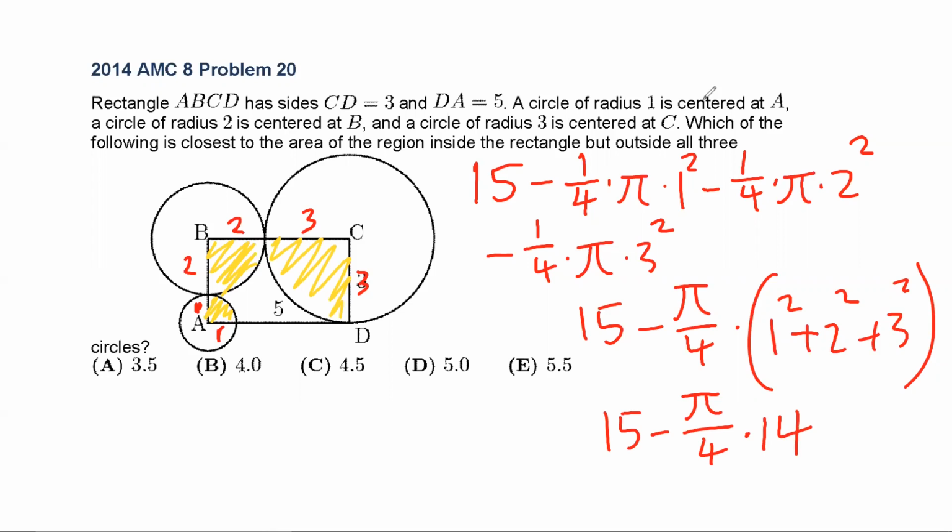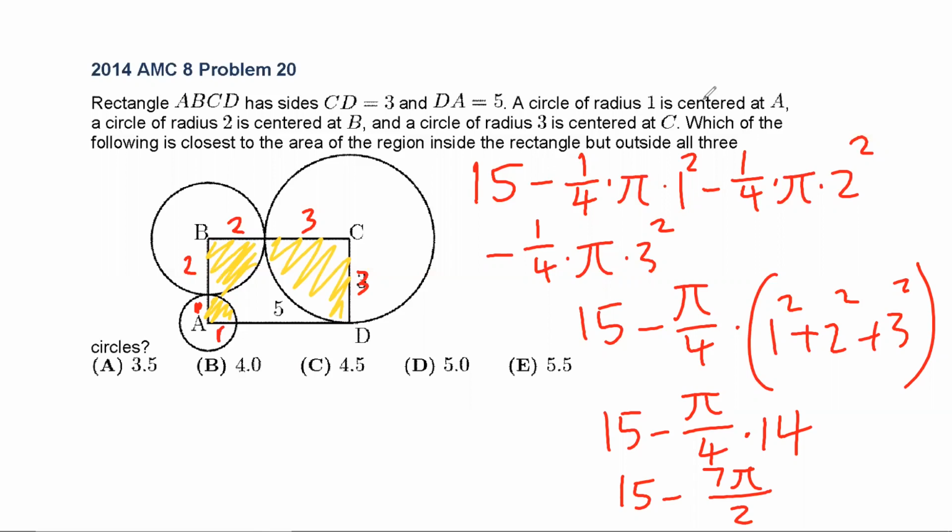And we can cancel out something to get 7 pi over 2. So basically we're asked to estimate 15 minus 7 pi over 2.